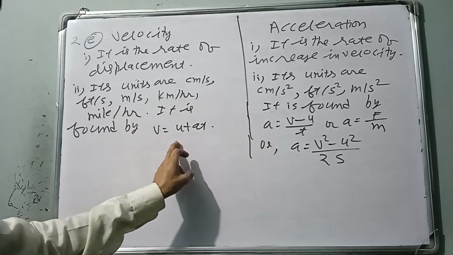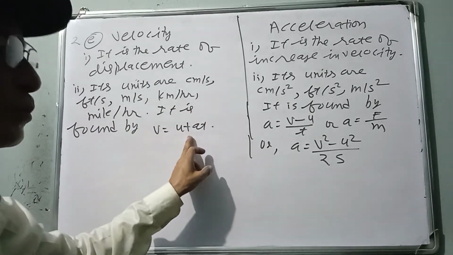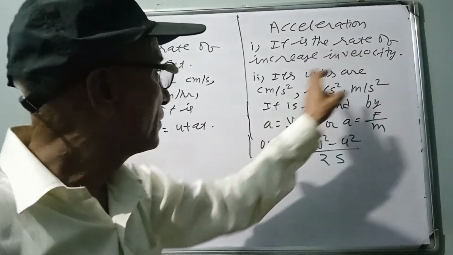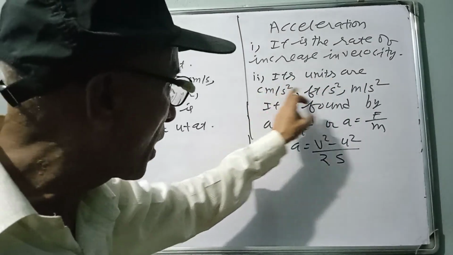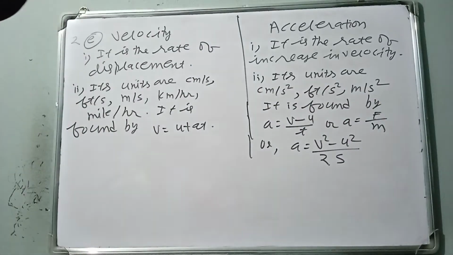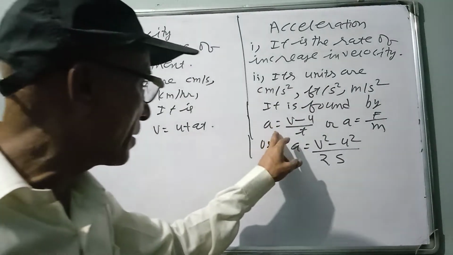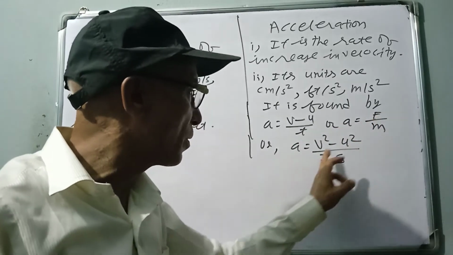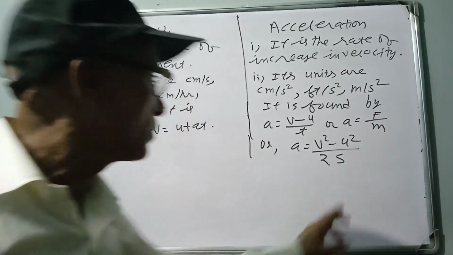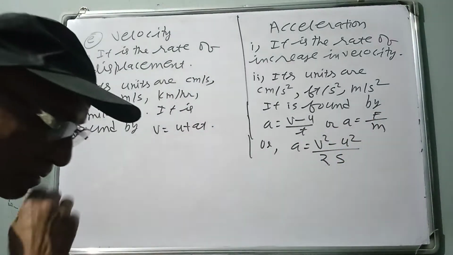It is found by the formula V equal U plus AT. Number 2, its units are centimeter per second square, feet per second square, meter per second square. It is found by A equal V minus U by T, F equal F by M, A equal V square minus U square by twice S. Velocity and acceleration 1.